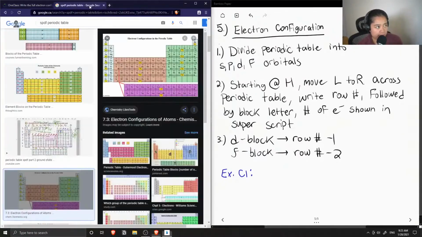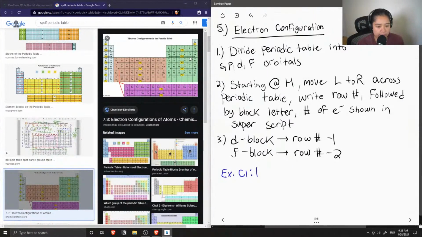So again, let's find chlorine on this periodic table with all the different sections labeled out. You can see chlorine is found here, atomic number 17. Starting from hydrogen, we move left to right across the periodic table, writing the row number, which is 1, followed by the block letter, which is s, and then the number of electrons in the 1s orbital.